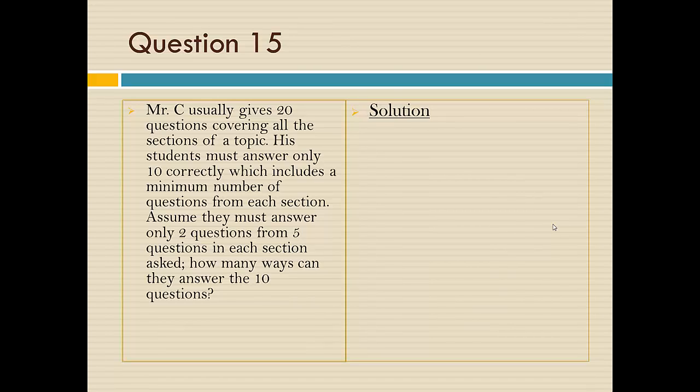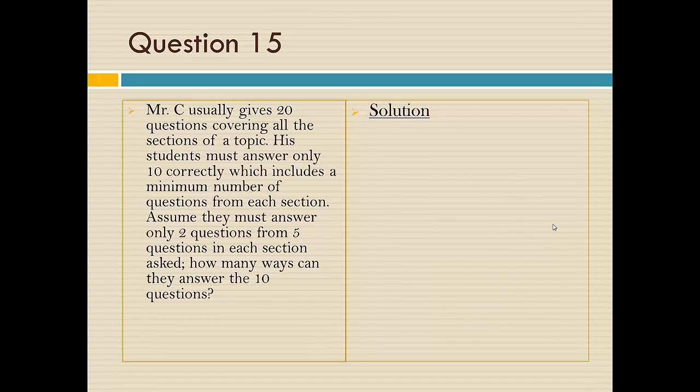So if the student must answer 2 out of 5, it's 5 combination 2, times what is now remaining. What is remaining? It will be 15 combination 8, because if 5, but I asked 20, so 20 minus 5 is 15. Then the student has answered 2, but must answer 10, so 10 minus 2 will be 8.